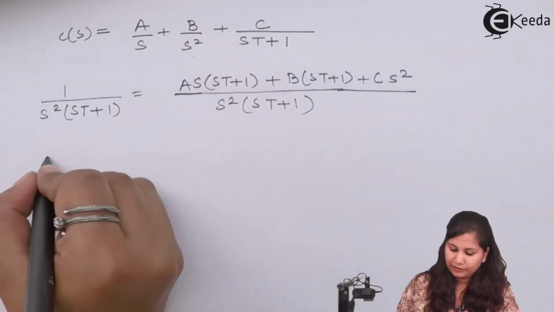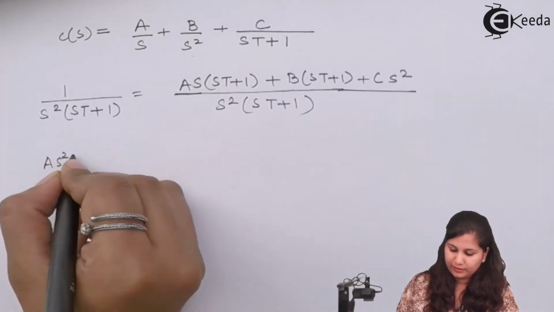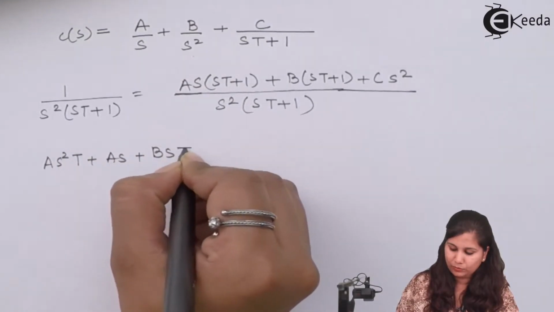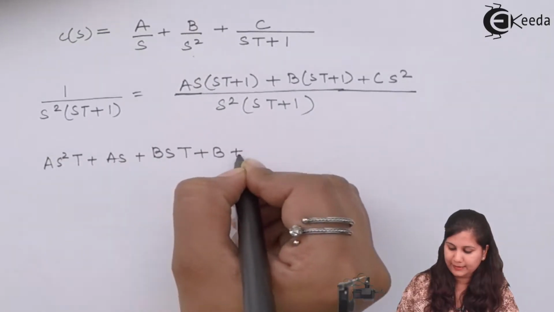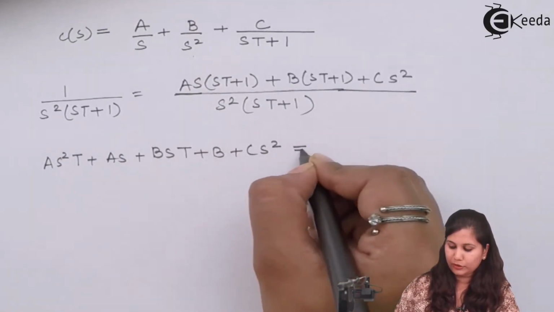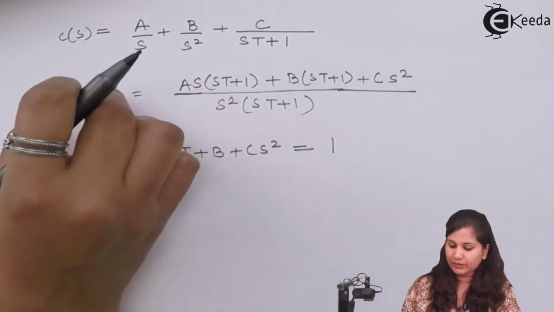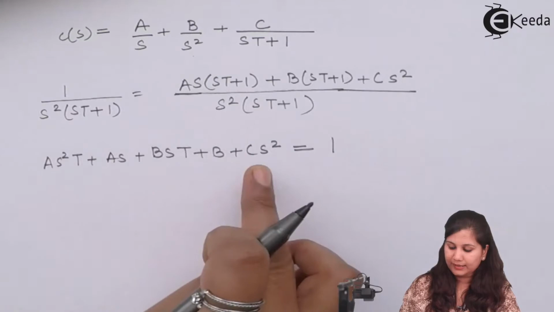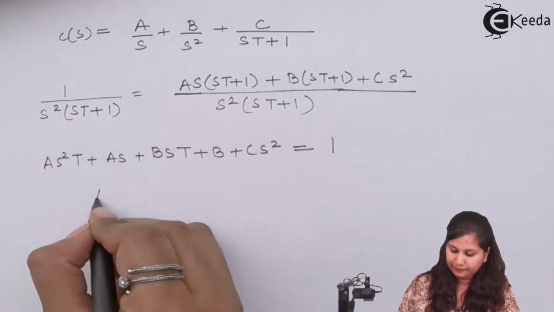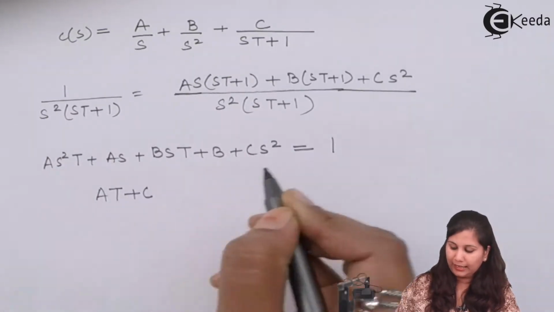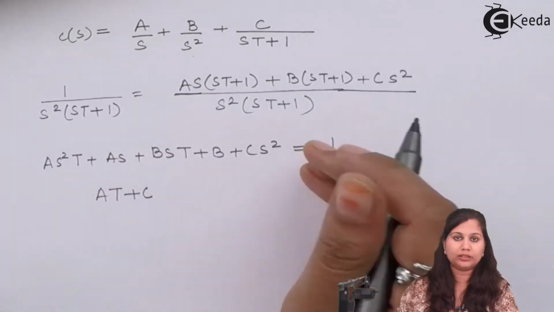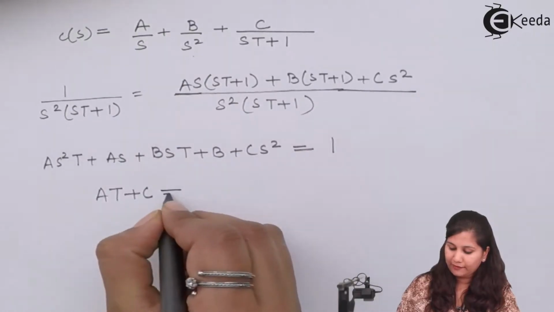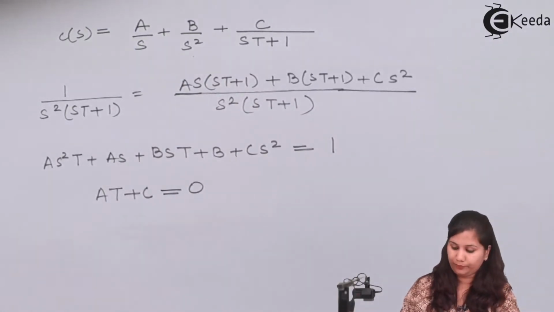Here we have A s square T plus A s plus B s T plus B plus C s square equals 1. Now the coefficient of s square is C plus AT, and on the right hand side s square is not present, so the coefficient is 0.